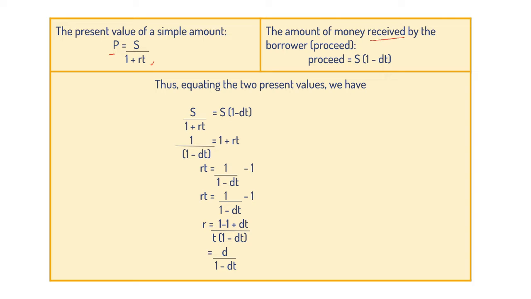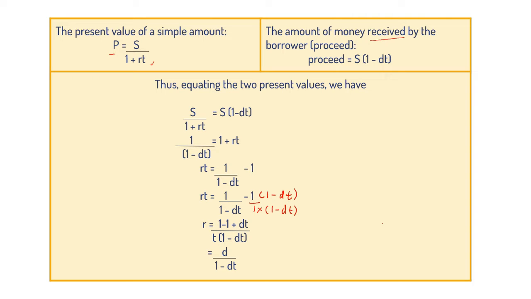Next, we write RT on the left hand side equals 1 over 1 minus dt minus 1. Then we equate the denominator, where we multiply by 1 minus dt, and do the same for the numerator, times 1 minus dt.